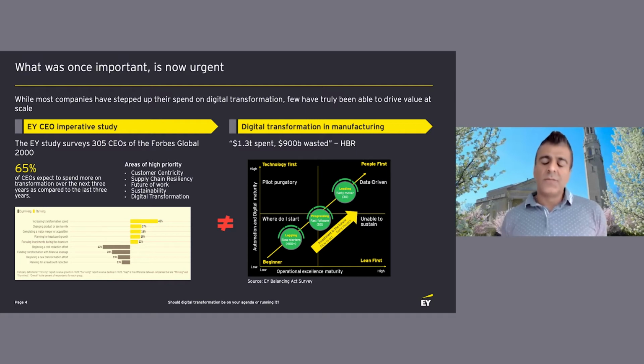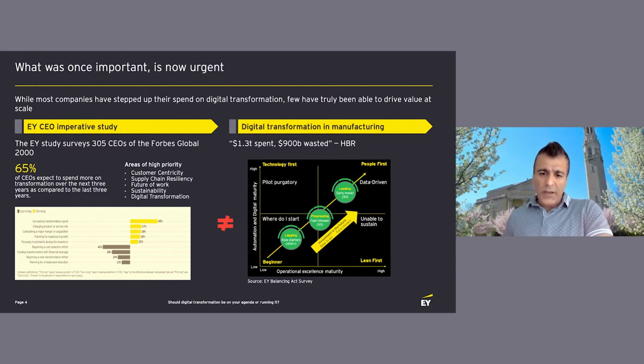the enterprise. While everybody is focused on transformation, if you look at the right-hand side of this chart, another survey that EY did where we benchmarked 500 manufacturing companies and how in their transformation journey, how successful they've been either driving operational excellence or digital automation across the enterprise.